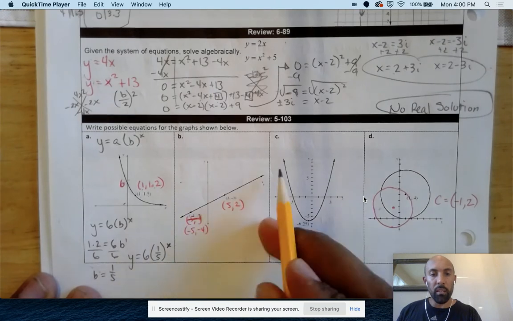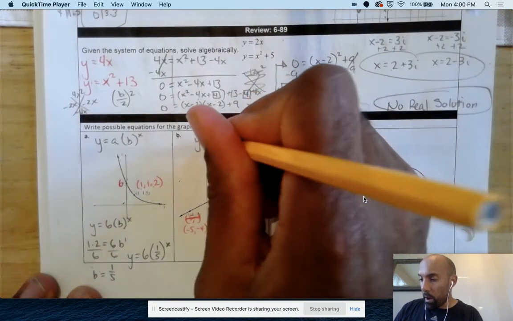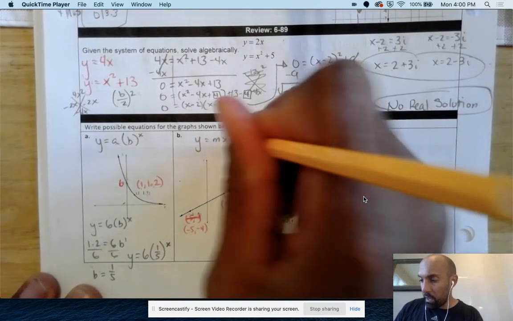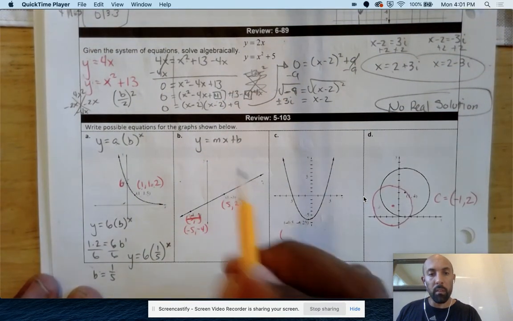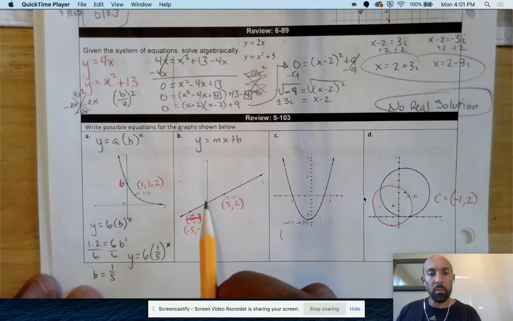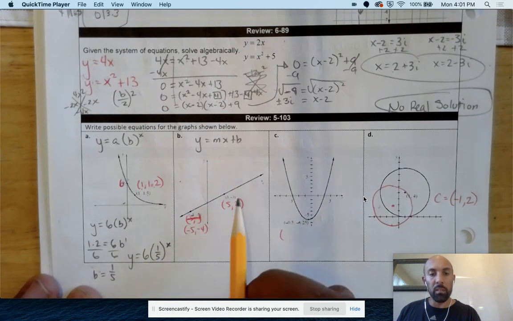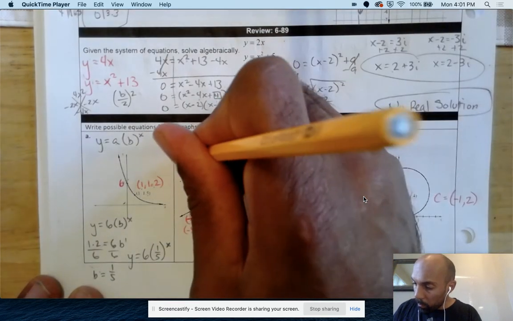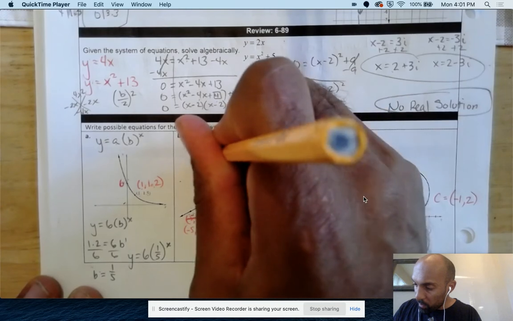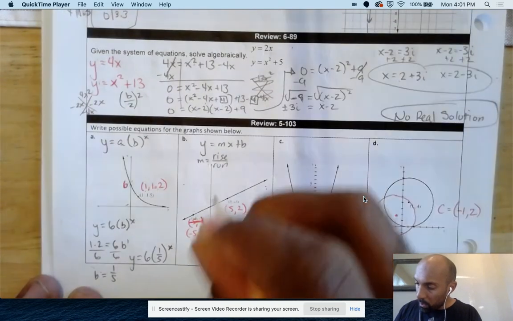Now this one is a straight line, and we know straight lines are y equals mx plus b. So really what we have to find is the slope, what's the rise over run, and then the y-intercept, because you can see it doesn't give you the y-intercept here. It only gives you these 2 points. So what I'm going to do is figure out the slope first. Remember that slope is your rise over your run.